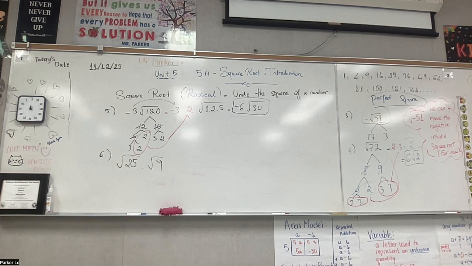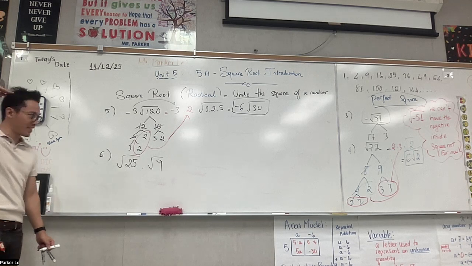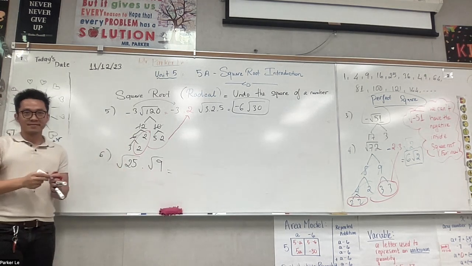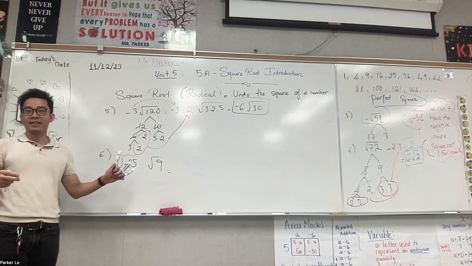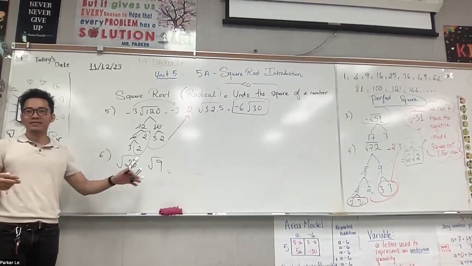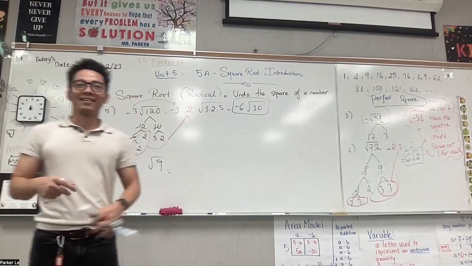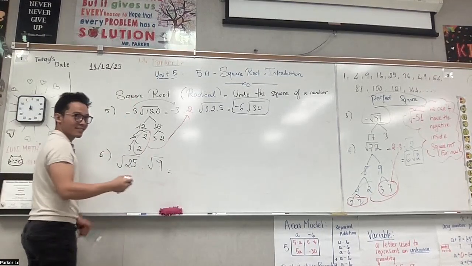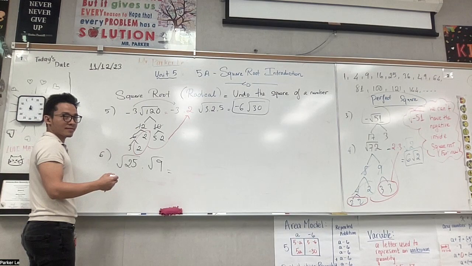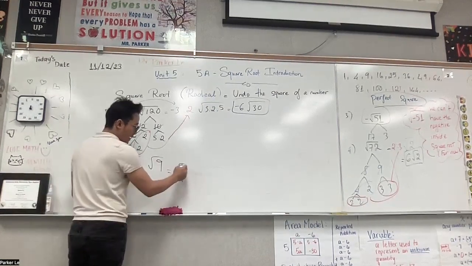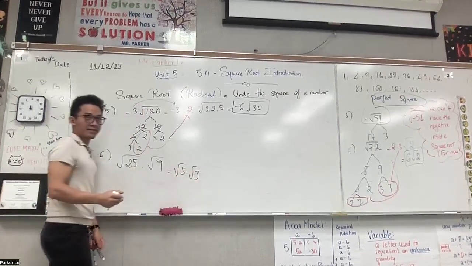Okay, raise your hand like this. Yes or no? Raise it. Anyone? Oh, no one raised your hand? Oh, really? Okay, Melanie, go ahead. Square root of 5 plus square root of 3.